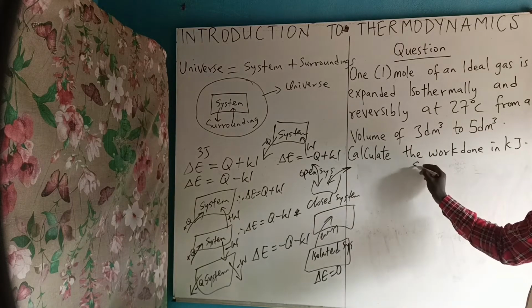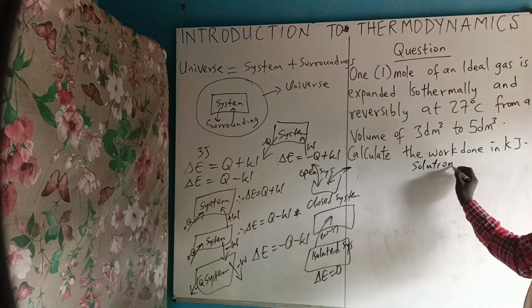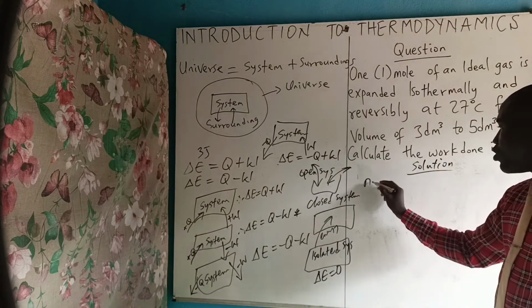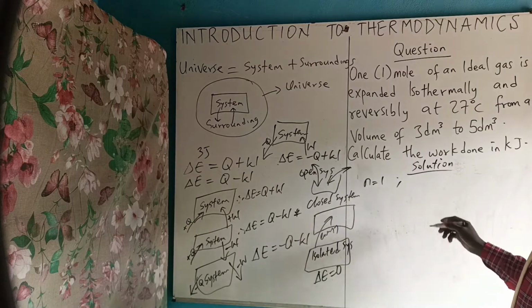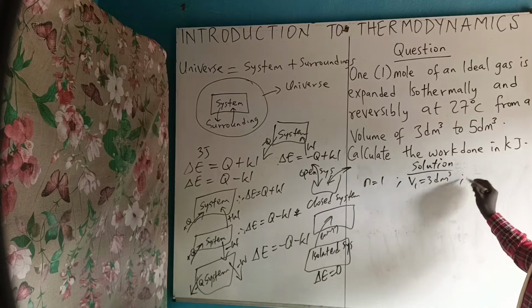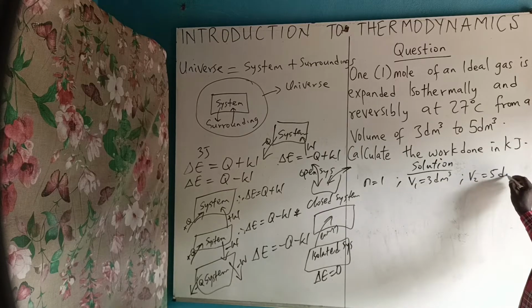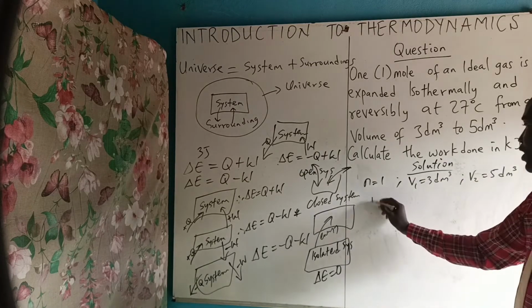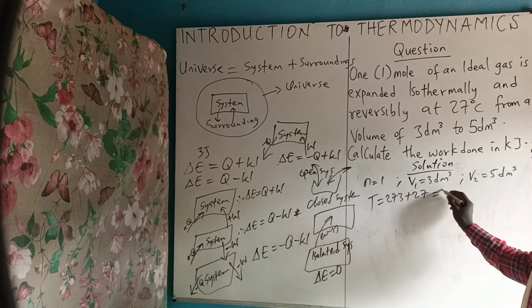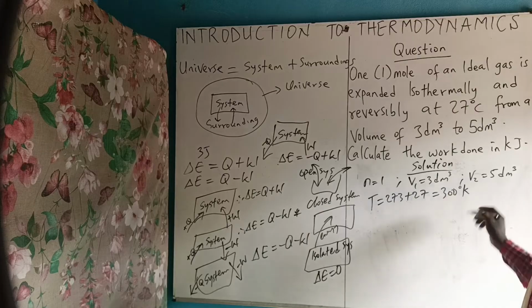What you do here is, since number of moles is given as 1, V1 is 3 dm cube, V2 is 5 dm cube, then temperature is equal to 273 plus 27, which is 300 Kelvin.